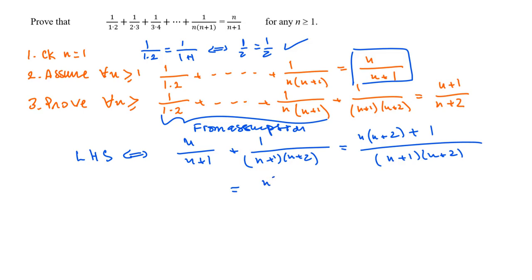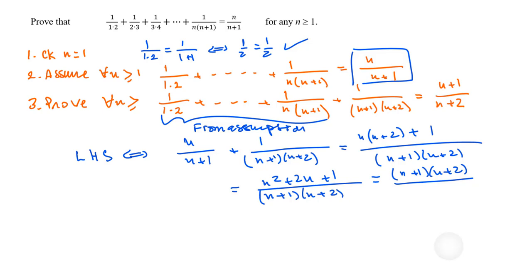If we continue, we get n squared plus 2n plus 1 over n plus 1 times n plus 2. If we factor the numerator, you get n plus 1 times n plus 1, and the denominator is n plus 1 times n plus 2.